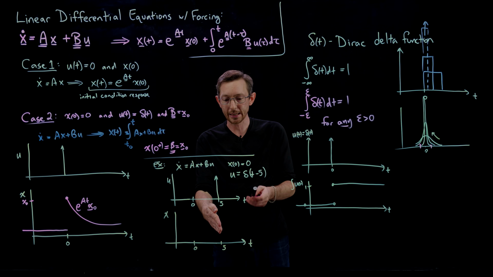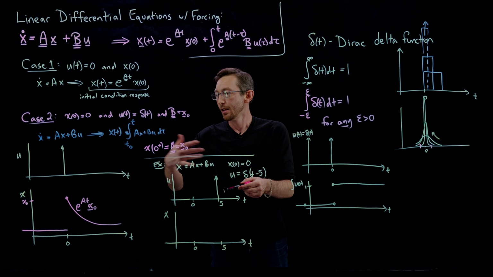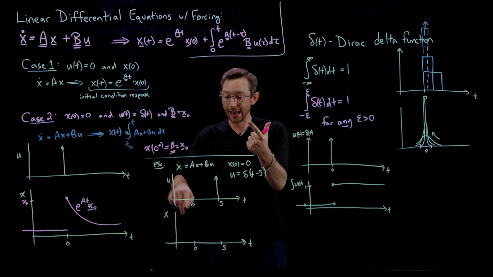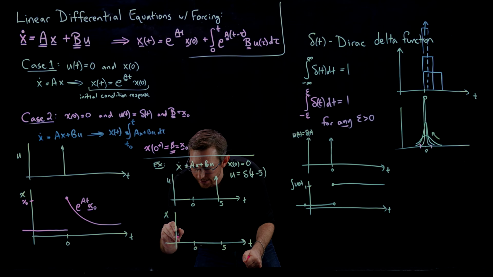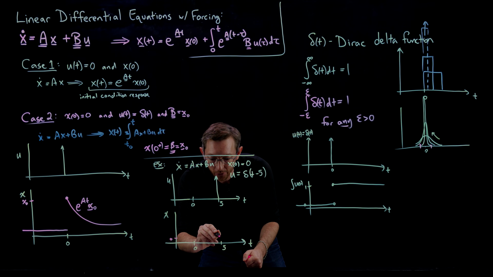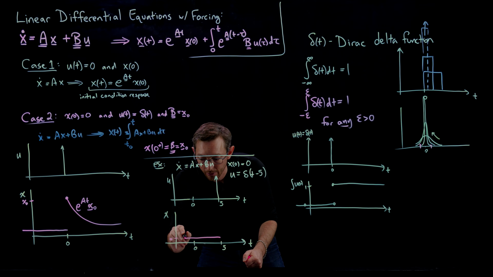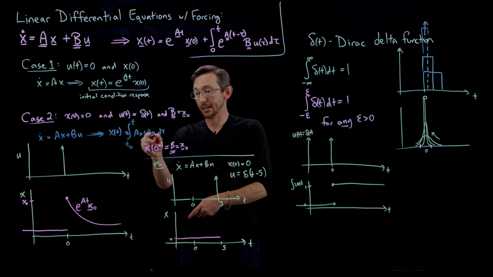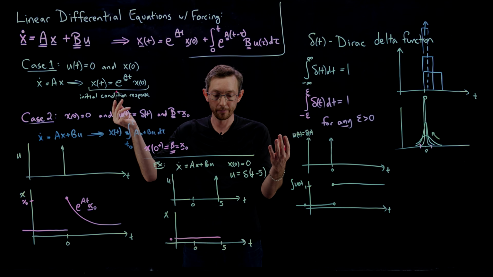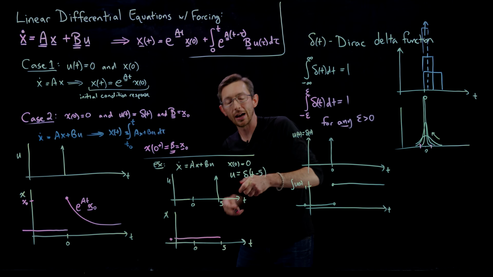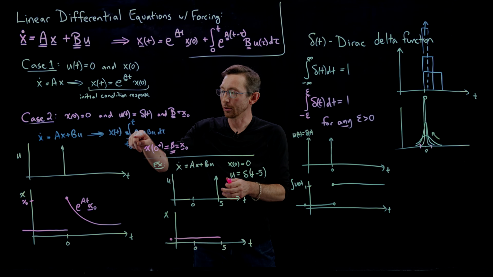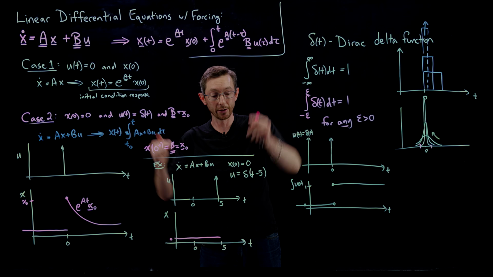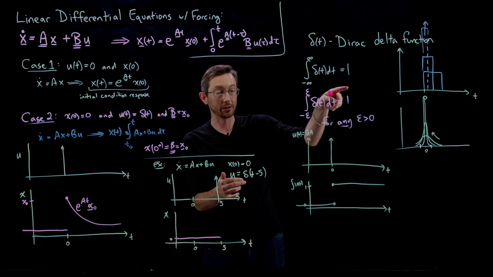For all time before 5, u is 0 and x is 0. So x of t equals the integral of 0, which is 0. But now at time 5, in the integral of Ax plus Bu, immediately we gain some impulse in energy because this is a delta function that has area 1.